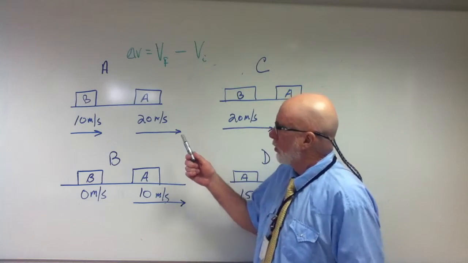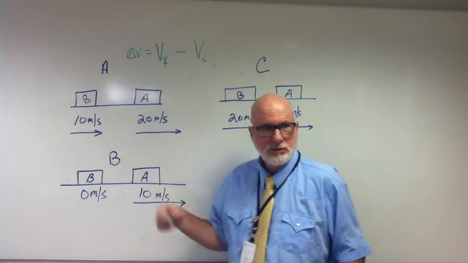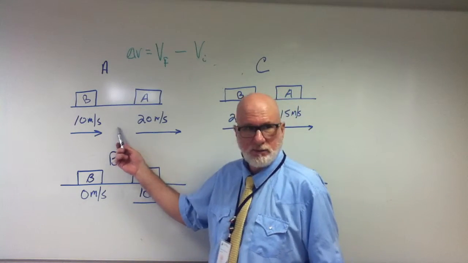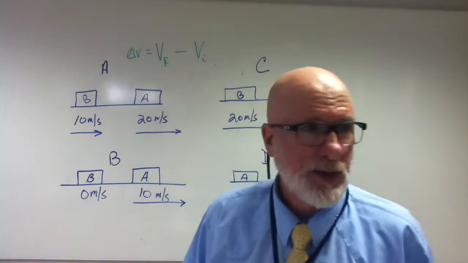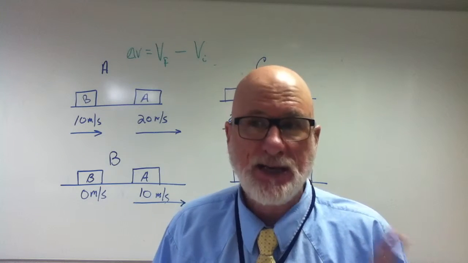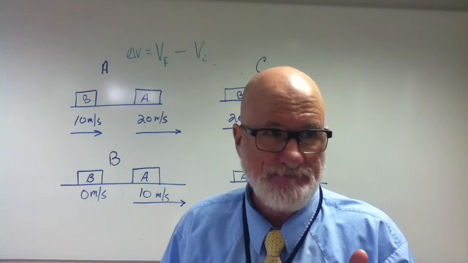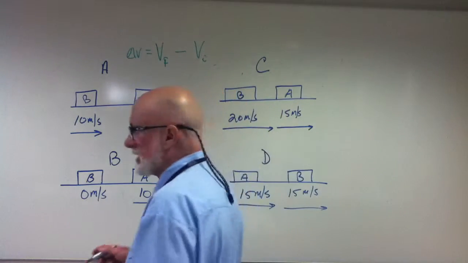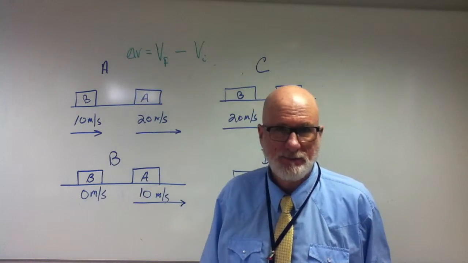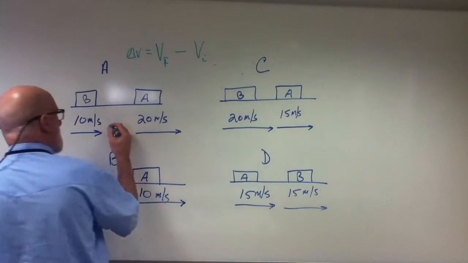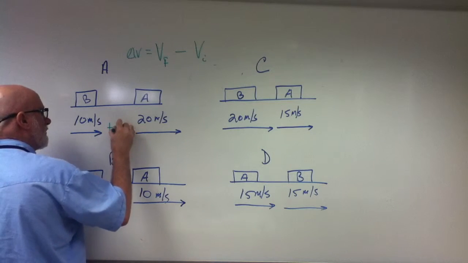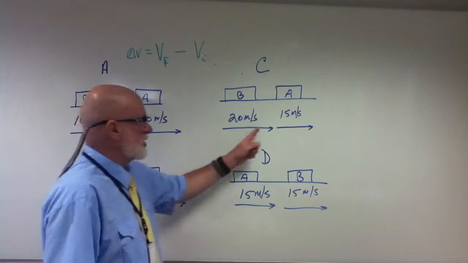Okay, so what's the change here? What's the change here? Give me a number. Positive 10. You've got to put positive 10, right? Yes? You can't just put 10, can you? So this is positive 10. What's the change here?